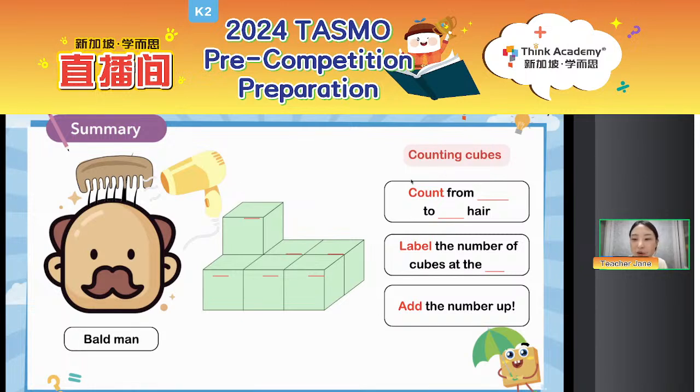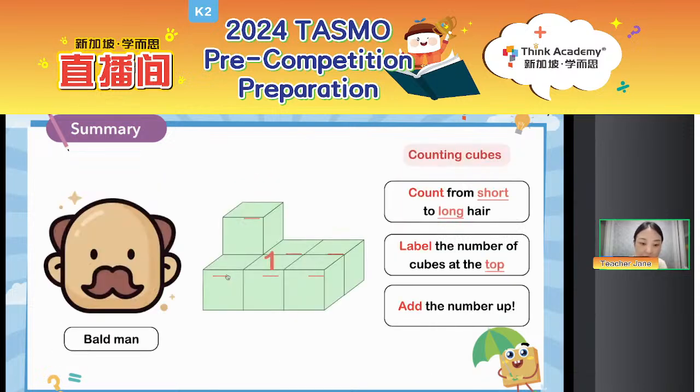Okay, then everyone, we can see today we learn how we can count the cubes. We count starting from the shorter hair to the longer hair, and then label the number of cubes at the top. So this time if we want to label, we label 1, and then 1, 1, 1, 1, and then 2, right?